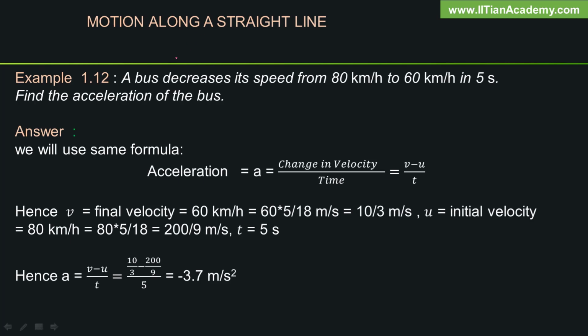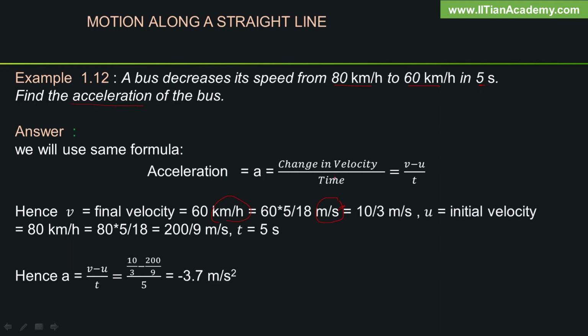Here, we have to calculate acceleration of a moving body when initial and final velocity is given. Initial velocity is 80 kilometers per hour and final velocity is 60 kilometers per hour. Remember to convert the unit of velocity from kilometers per hour to meters per second.